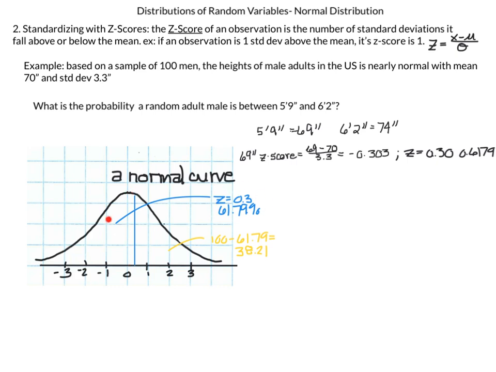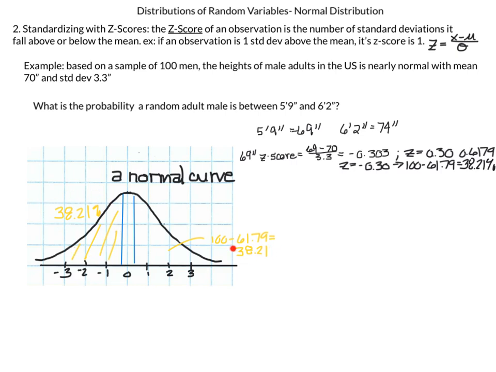the area of 61.79, this area here, which means the area to the right of this z-score in yellow is 100 minus 61.79, which is 38.21%. Remember, by symmetry, so here's my negative 0.3 then, this yellow portion of the curve must be equal to this portion of the yellow curve.